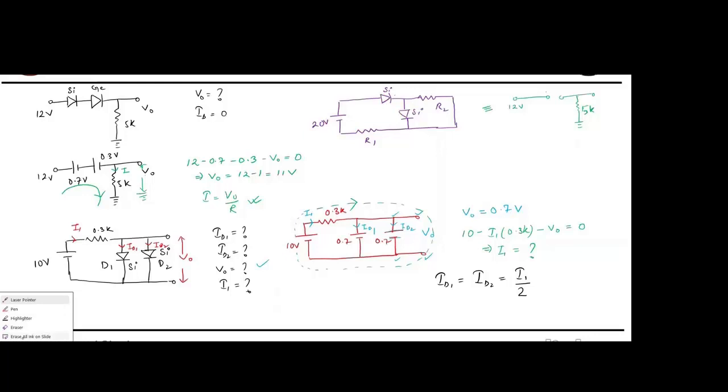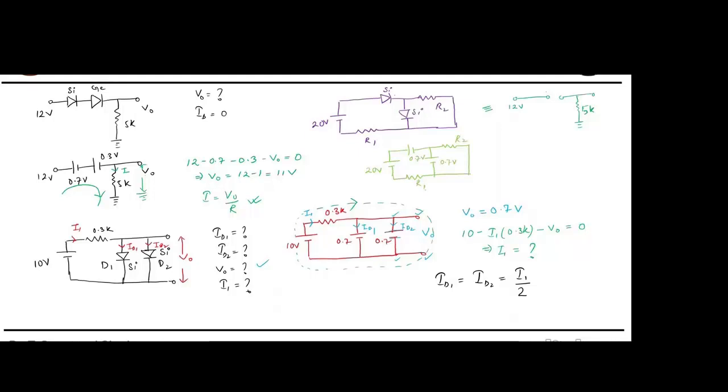So what we can do is we can just replace this circuit with this circuit. 20 volt, 0.7 volt, 0.7 volt. This is R2 and R1.